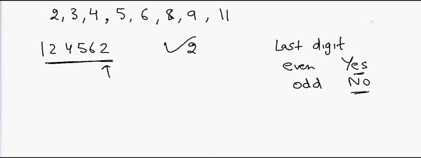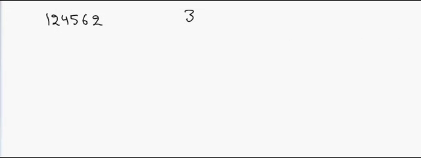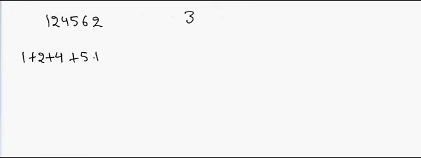Now let's talk about division by 3. If I have 1 2 4 5 6 2 again, and I'm looking at whether it's divisible by 3 or not, what I'll do is add all these digits together. So 1 plus 2 plus 4 plus 5 plus 6 plus 2. That gives 3, plus 4 is 7, 7 plus 5 is 12, plus 6 is 18, plus 2 is 20.